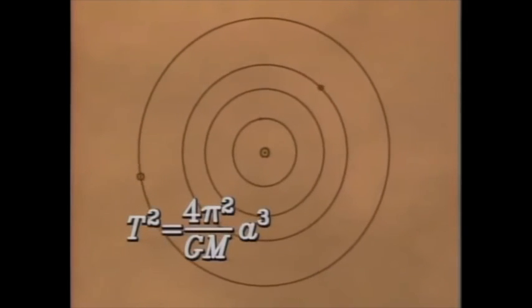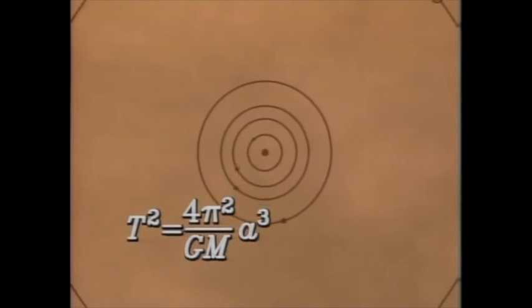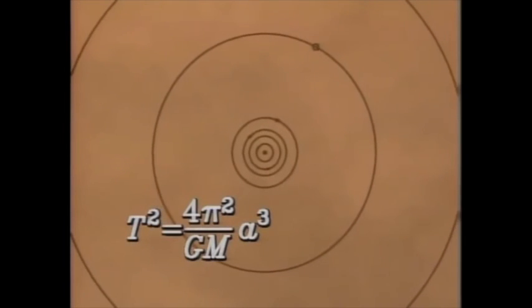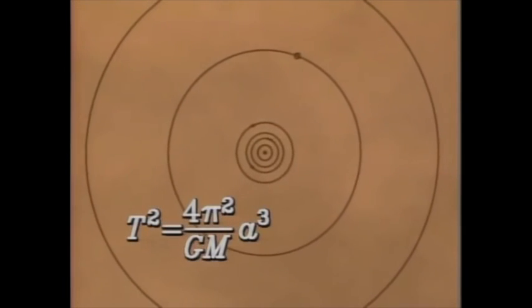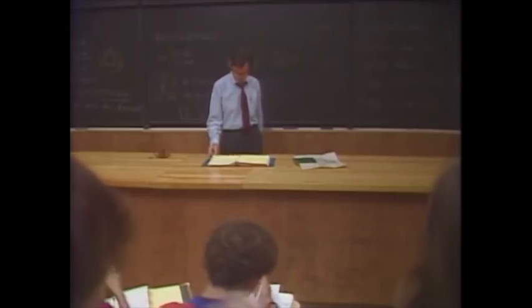It states that the square of the period of a planet is proportional to the cube of the length of the semi-major axis, and it reveals a connection between the motions of different planets. Although Kepler's geometric model was incorrect, it led him to discover 3 laws that describe the heavens with precision.